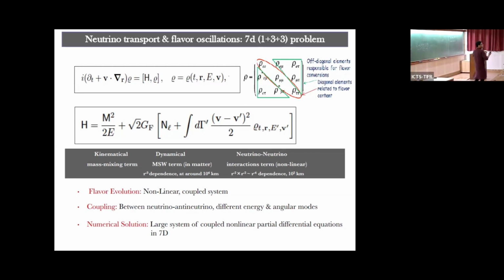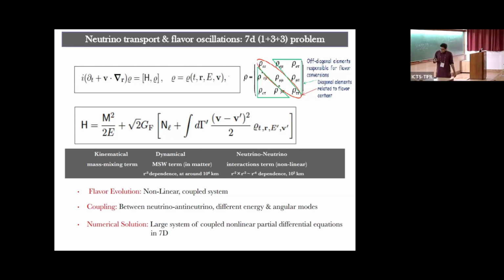So this problem is evolving in time, and taking a stationary solution to begin with is probably not the best thing you can do. So you will have a delta term. And of course, as the neutrinos come out of the star, they evolve, and that gives you the spatial evolution. So firstly, you have both time and spatial evolution.